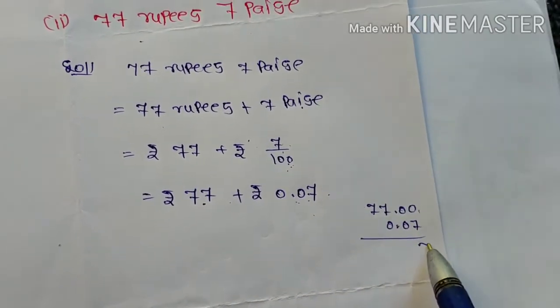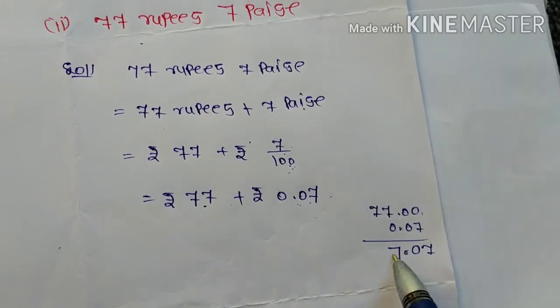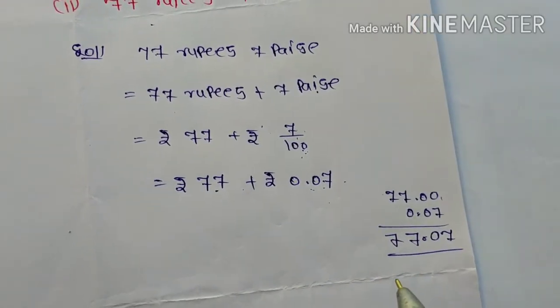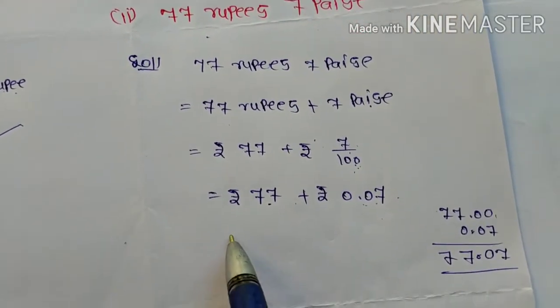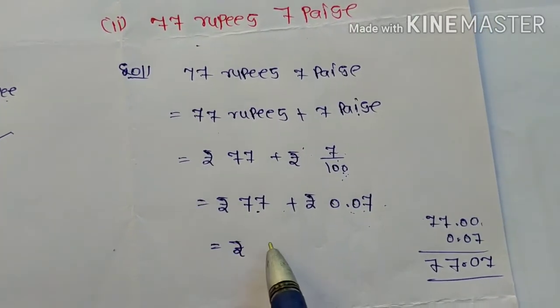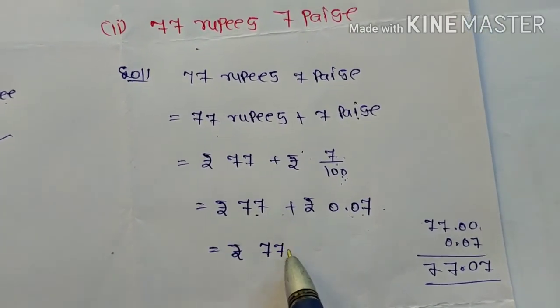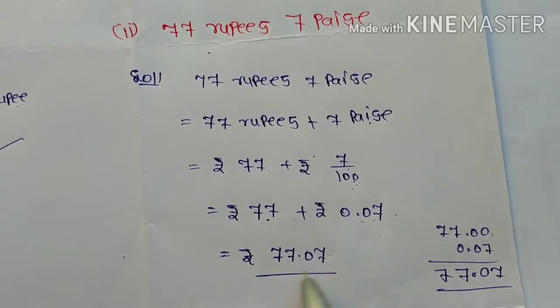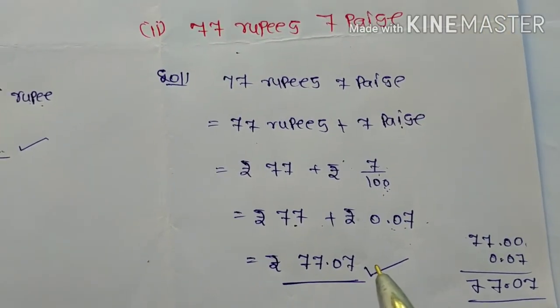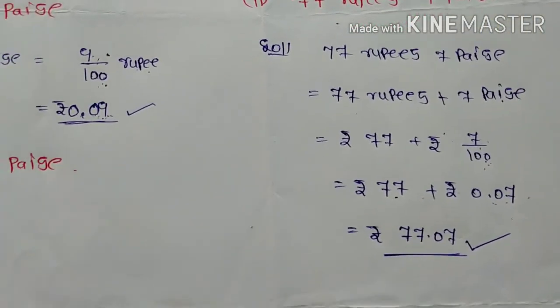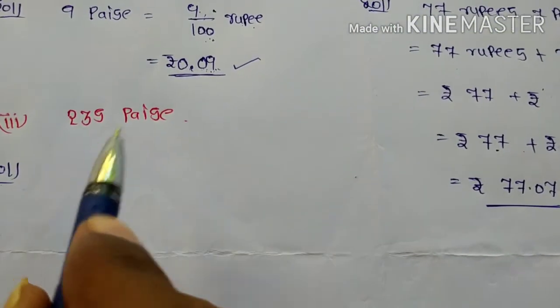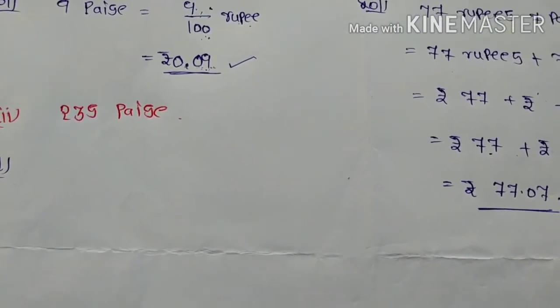Add it. That means your answer is how much? 77.07. Your answer is rupees 77.07. 77.07 is your answer.